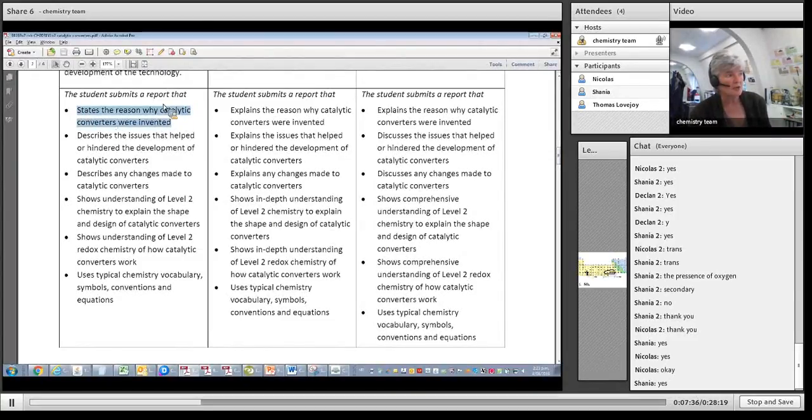So the difference really between an achieved or an excellence at this level is, if you gave a bit more depth to your explanation, that you gave more of an explanation explaining the background. If you just simply said we needed catalytic converters to try and improve the air quality coming out of the exhaust, here you should give a bit more detail. Then you describe the issues.